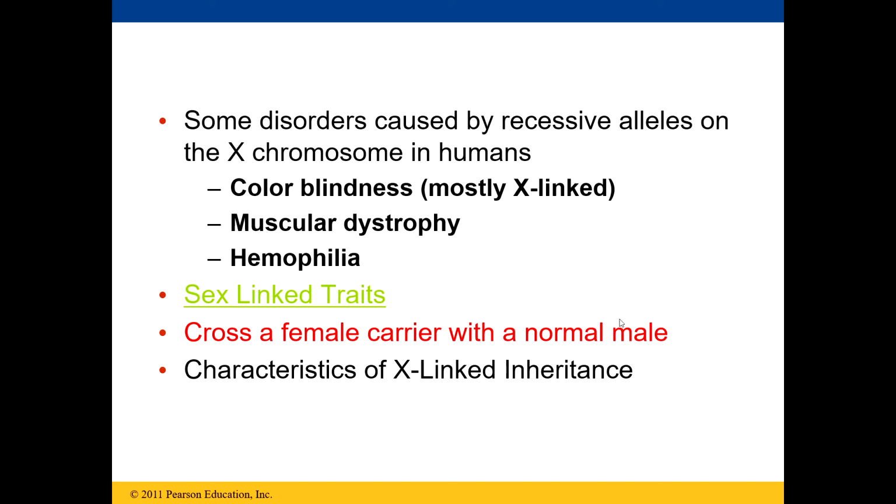So if we do this, you can see then, here's the F1. Now here's the problem with these questions. If it says just simply, what's the chance of producing an affected child?